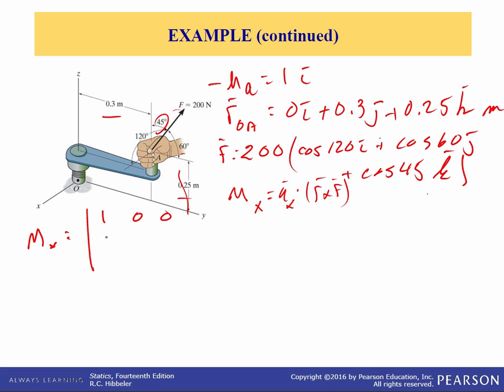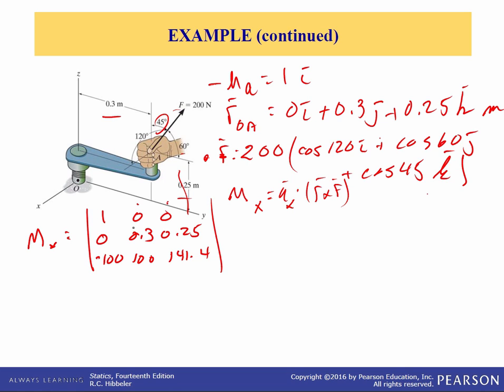The r vector is 0i, 0.3j, and 0.25k. And the last one is the force. And when you do the multiplication of the force vector from this equation, you get minus 100, 100, and 141.4.